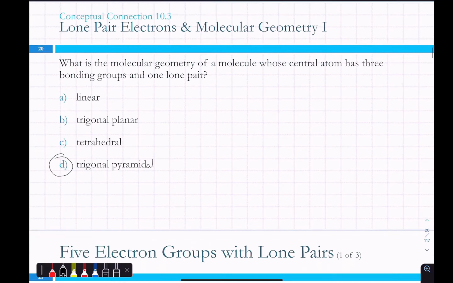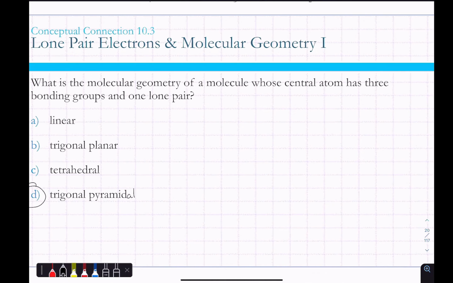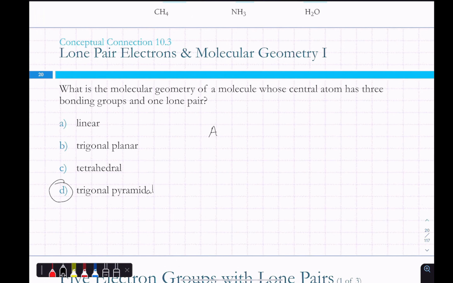So we could also use a shorthand for this. If we write AX3E, A is your central atom, and attached to that, there's 3 atoms, those are the X's. The lone pairs is just the E. So this would be trigonal pyramidal.